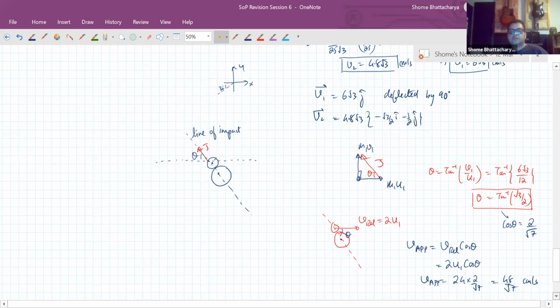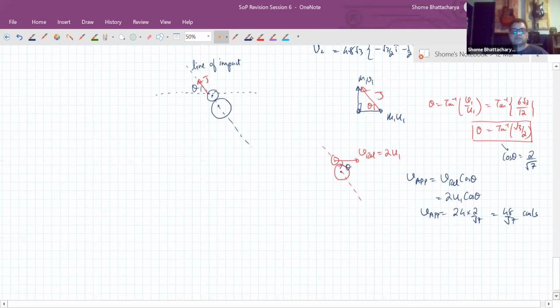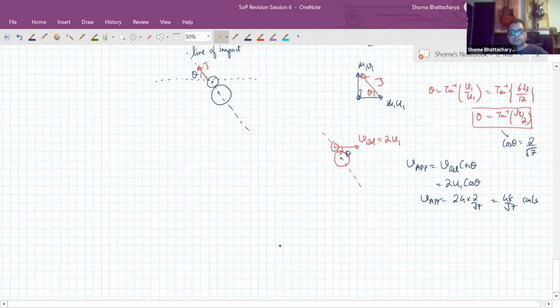Okay. Now likewise the separation velocity. For separation velocity we have to understand that this has a velocity v1 in this direction, whereas this one had a velocity v2.